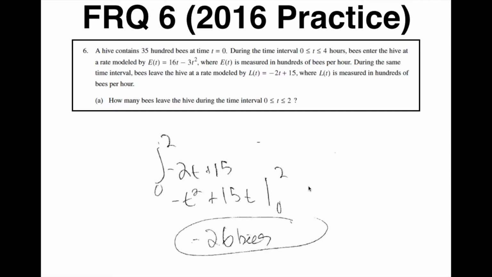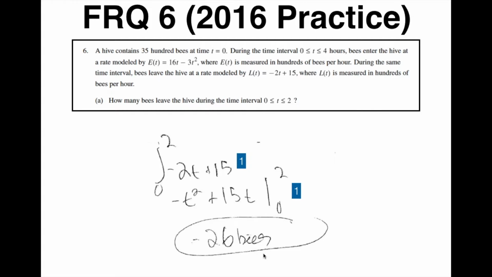Finally, last student integrated correctly. There's a dt missing here, but anyway, that's fine. The integral is also correct, but somehow they got negative 26 bees instead of 26. It's always the same. If you get an answer like that, don't hope it's going to work. Just think about, why am I getting a negative number of bees? Can it make sense? Certainly not.